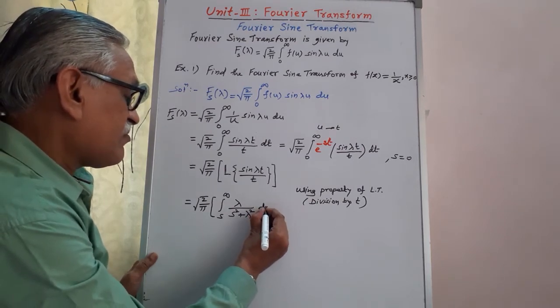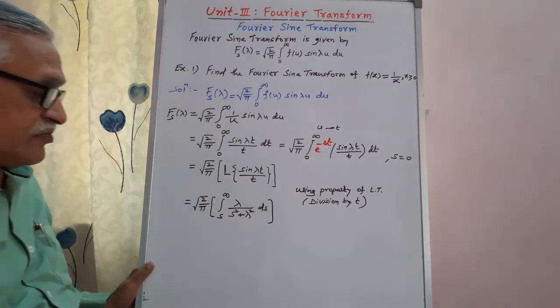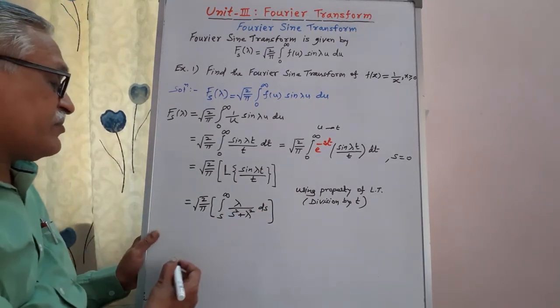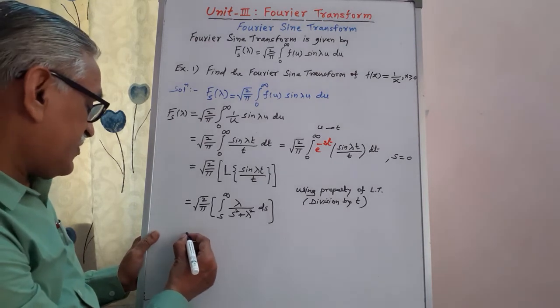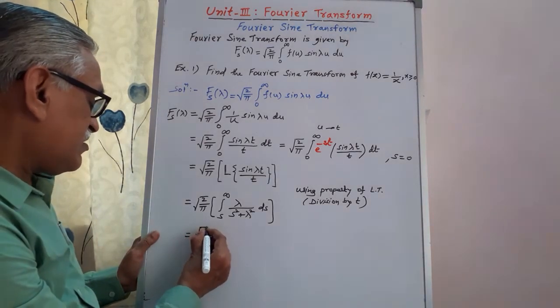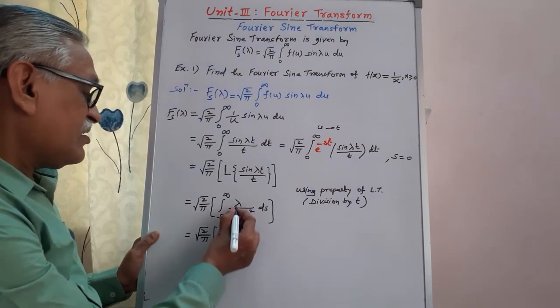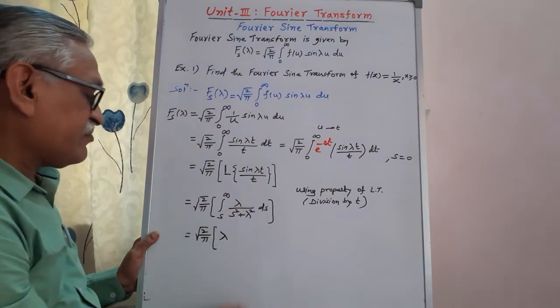It is lambda upon s square plus lambda square. Using a standard result, the constant lambda we take outside.